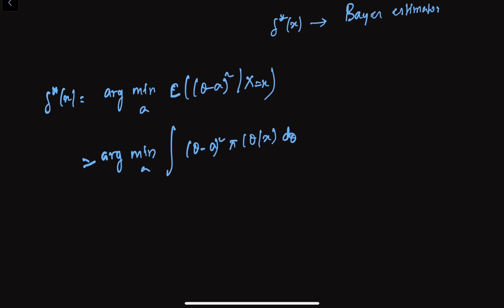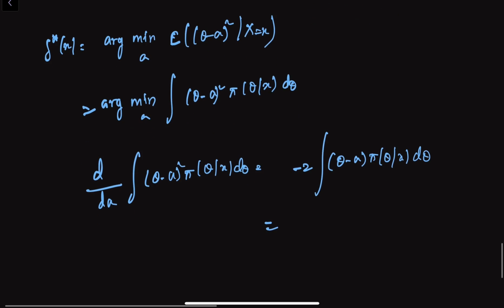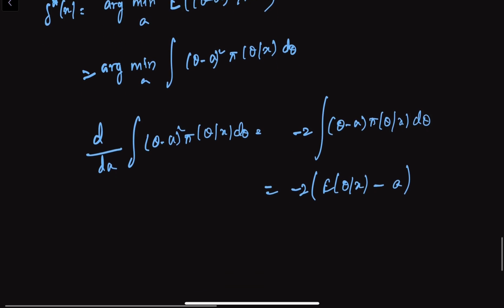So differentiating this posterior risk with respect to a gives us d by dA of the integral of theta minus a whole square times pi of theta given x d theta, which is minus 2 times the integral of theta minus a times pi of theta given x d theta. That is nothing but minus 2 times the expectation of theta given x minus a.